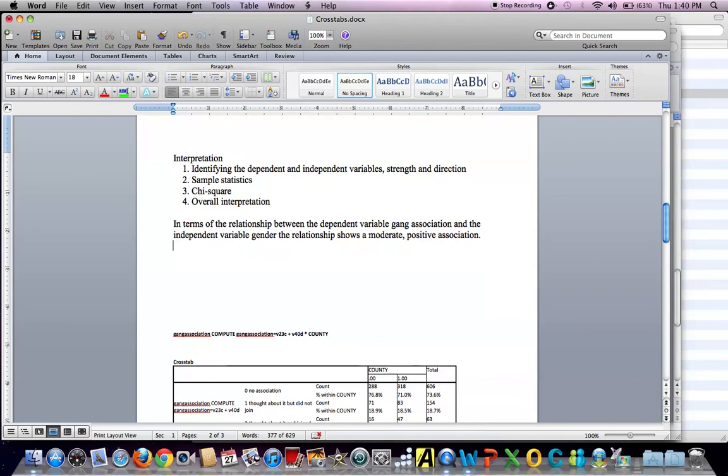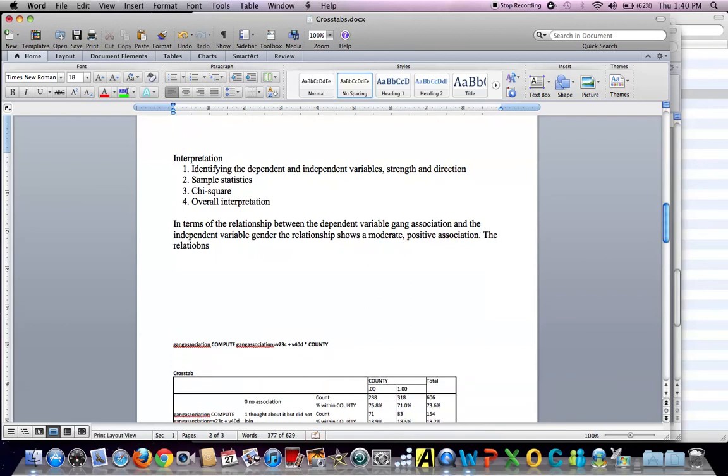So the next line of our interpretation would read, the relationship is significant in the sample as gamma is significant.